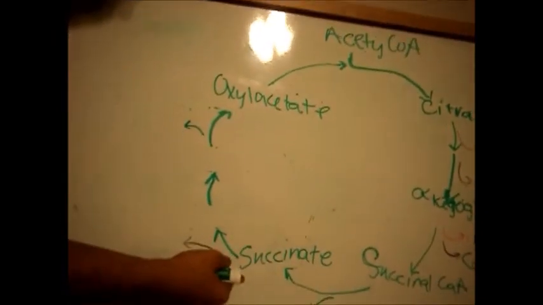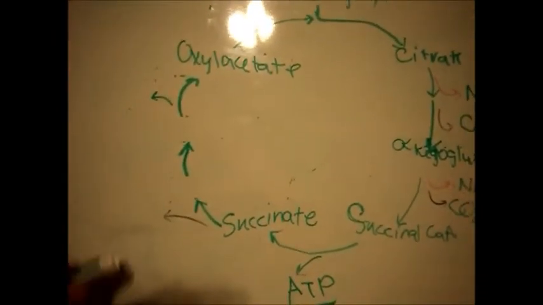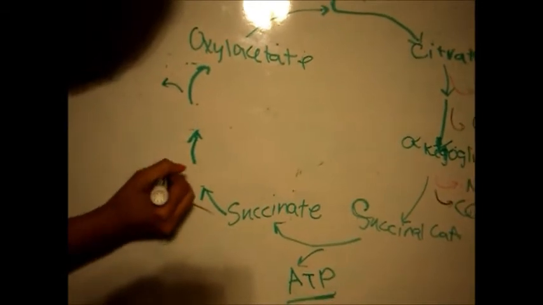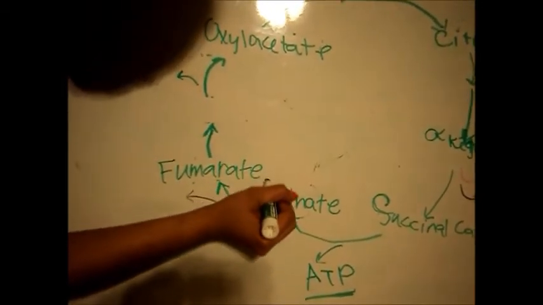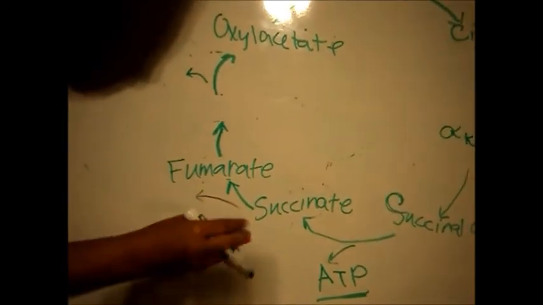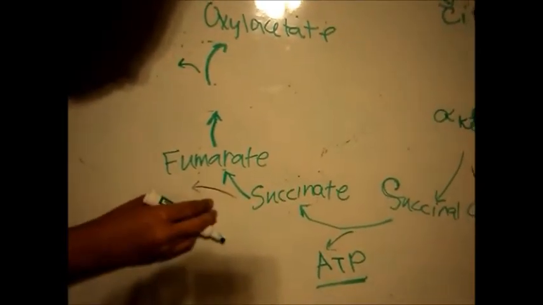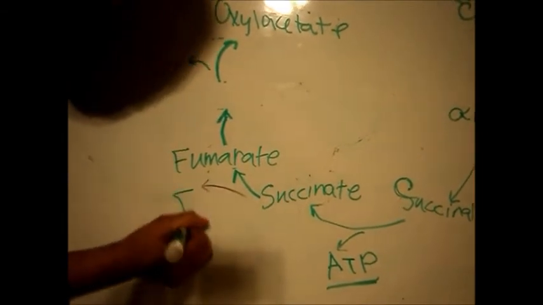After the succinate is formed, it is oxidized to form fumarate. And in this process, the electron carrier FADH2 is produced.